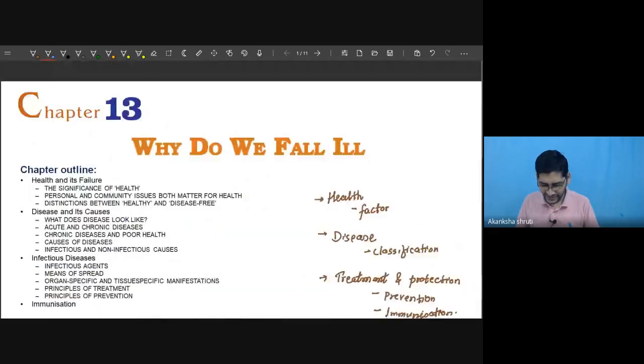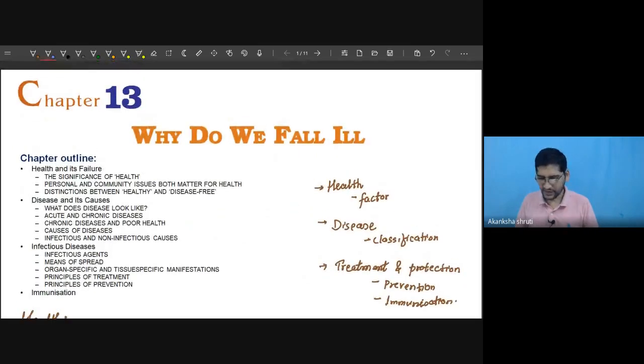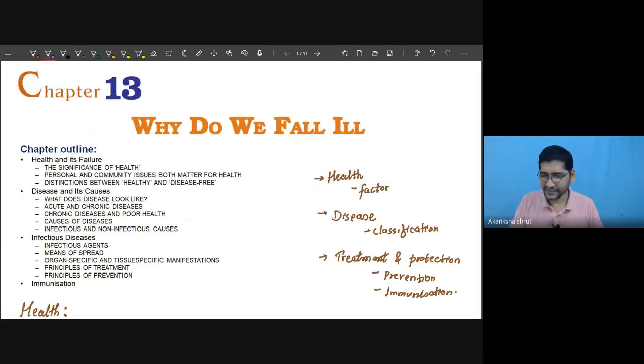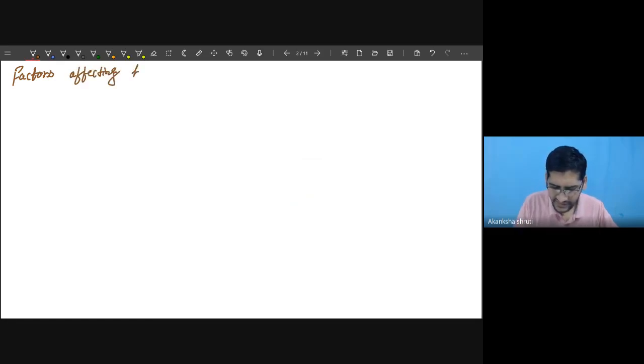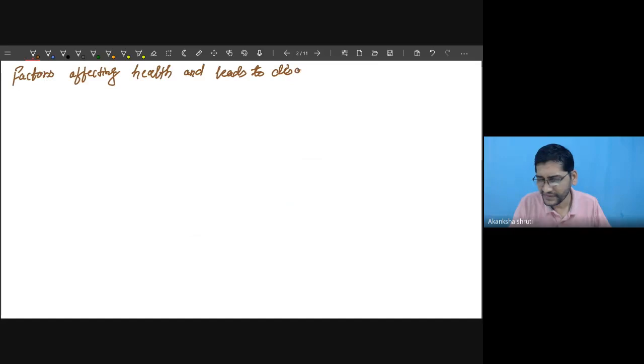Now what are the factors that affect health and lead to disease? Let us write: factors affecting health and leading to disease. What are the causes because of which disease arises?